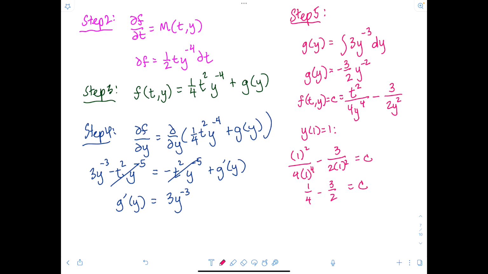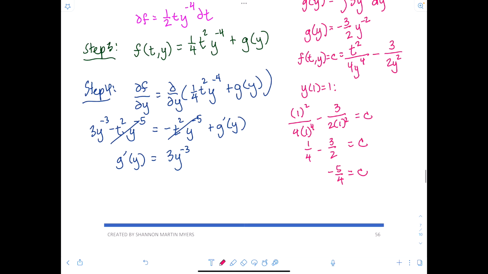And that's going to give us, beautiful, negative 5/4 is our constant. So putting it all together, we will have t squared over 4y to the 4th minus 3 over 2y squared equals negative 5/4, and we're all done. Beautiful. All right.